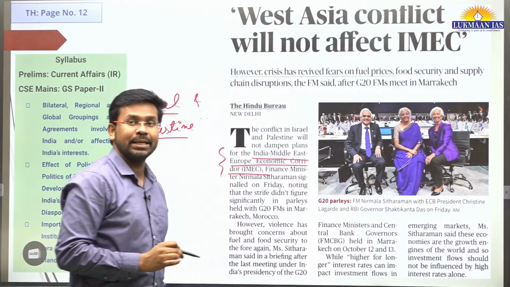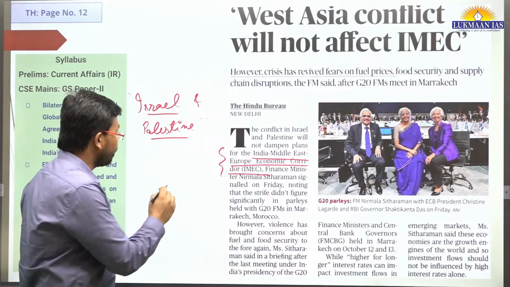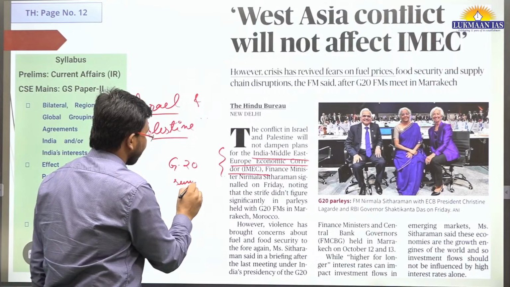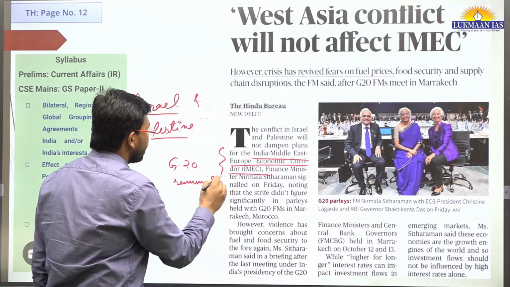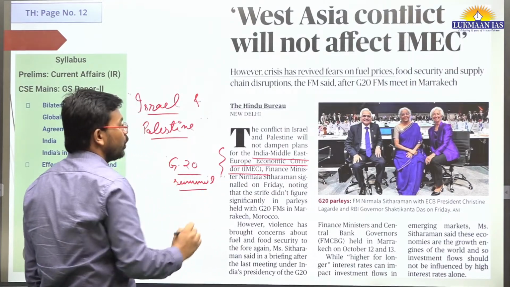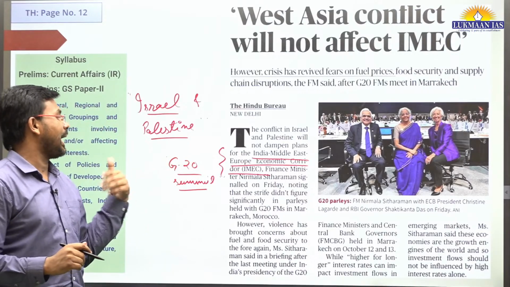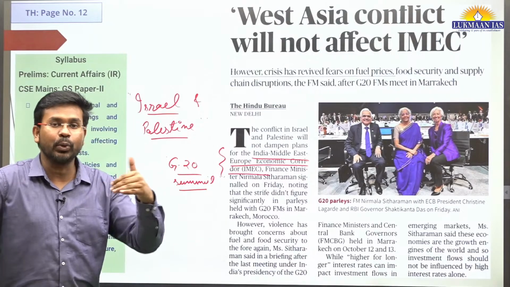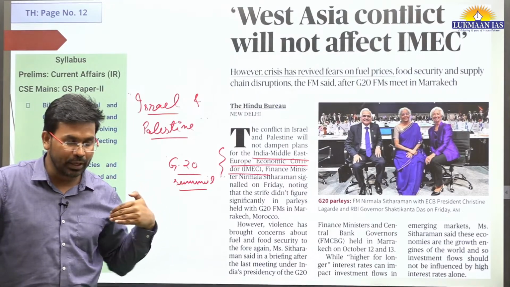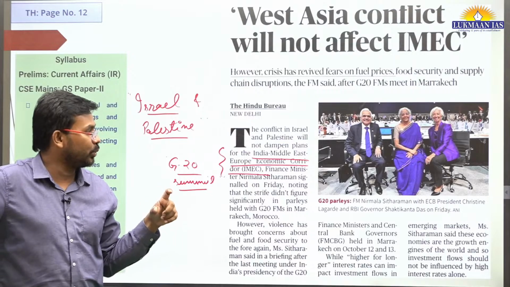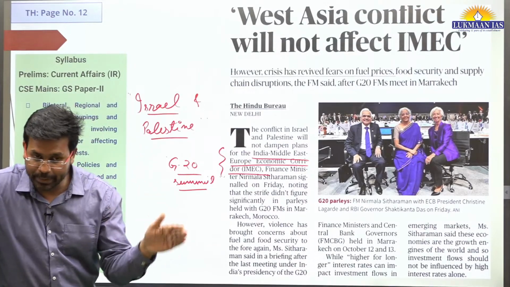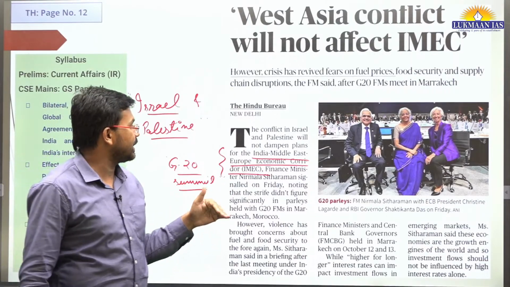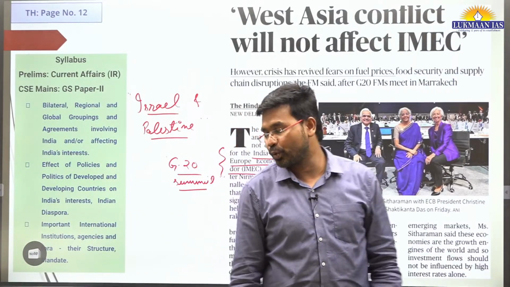This particular corridor was proposed during the G20 summit. It will help India connect with the Middle East and also with Europe. We are going to create rail routes, road routes, and also connect sea routes, so that our goods can be exported to the Middle East and to Europe through the Middle East route.